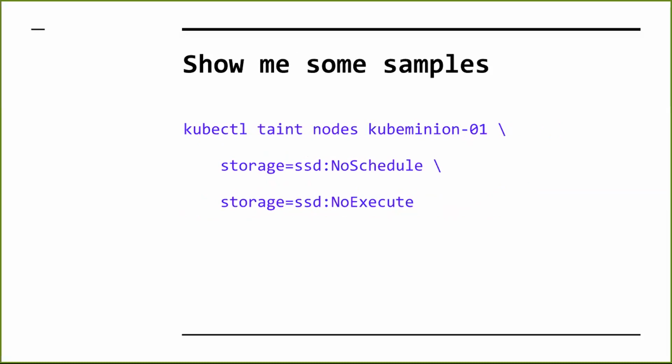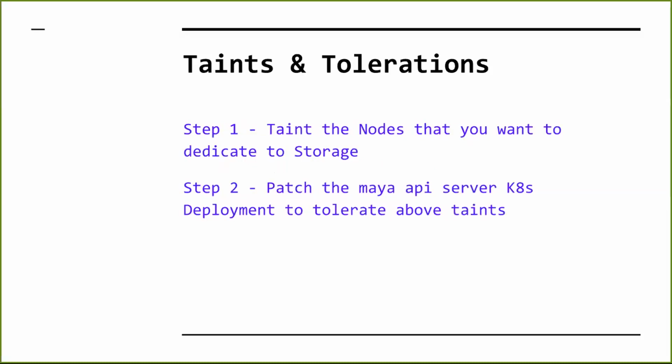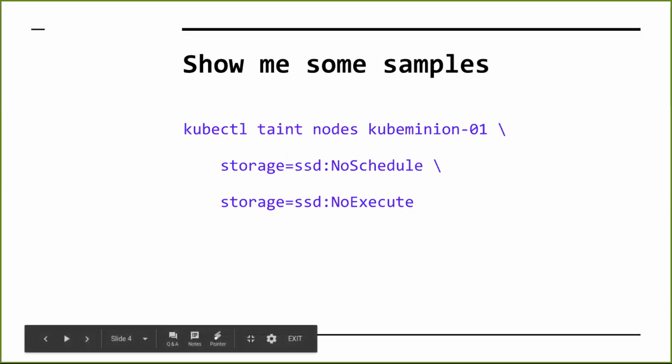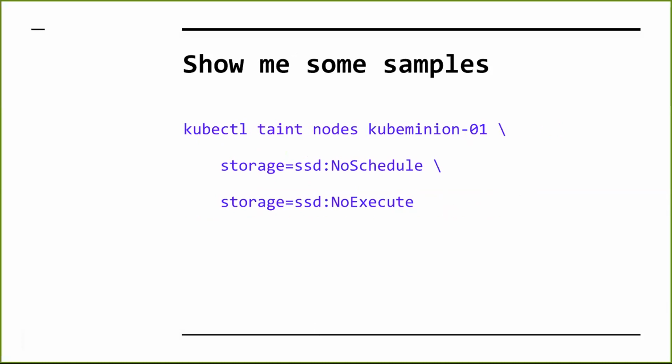If you see step one, this kubectl code belongs to step one, where the user can use kubectl to taint the nodes. The user is labeling the nodes with a key and a value: storage equals SSD.